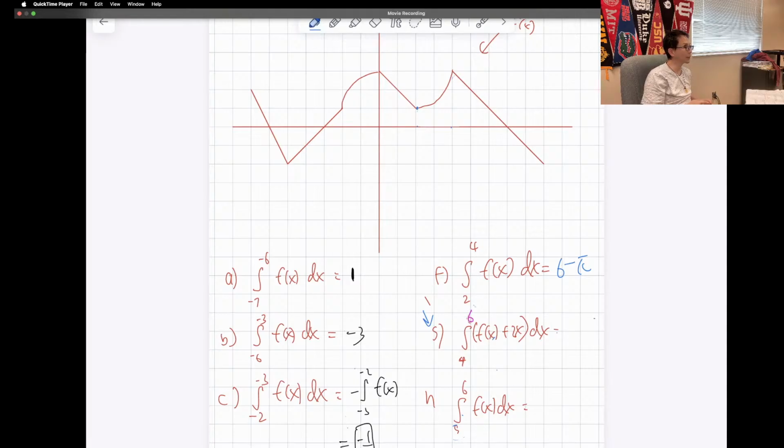Fiona, what do you think? Then you have the interval between 4 and 6, and then f(x), and then plus the same thing. Okay. I think it's 8. You think it's 8? Why do you say it like that?